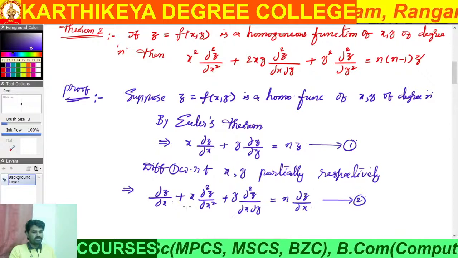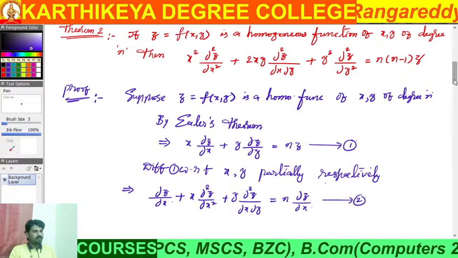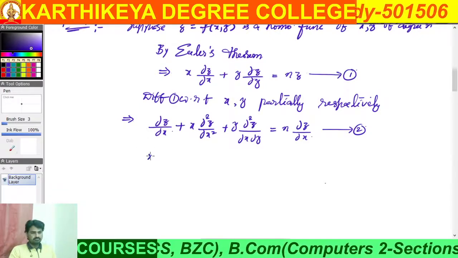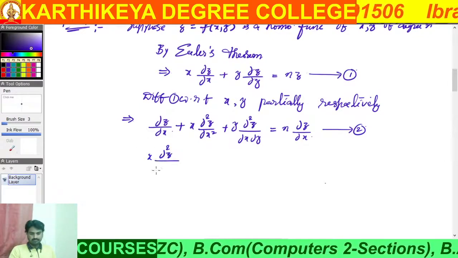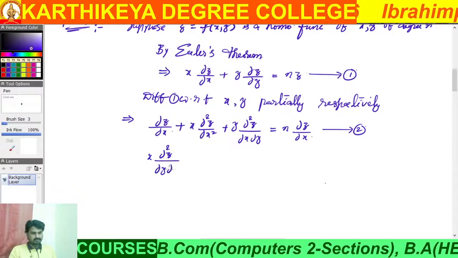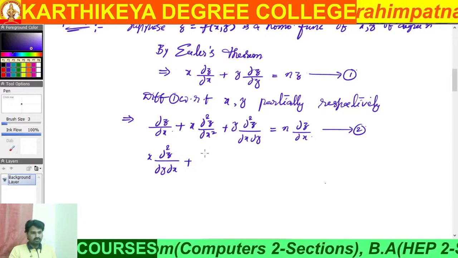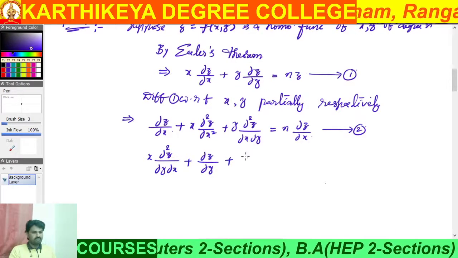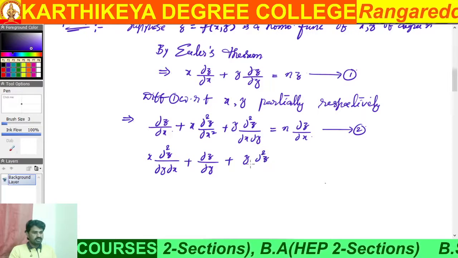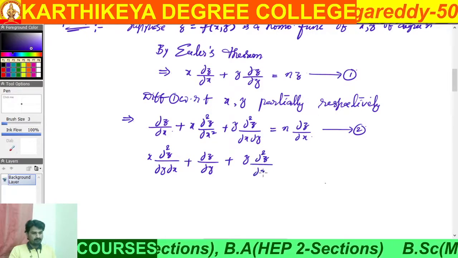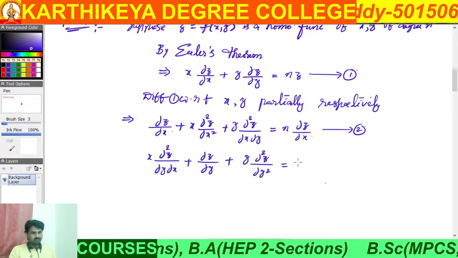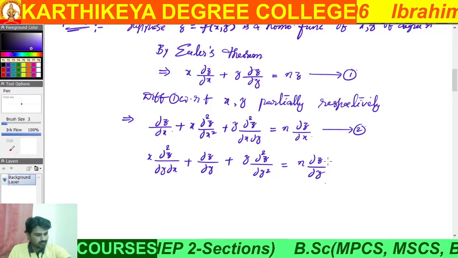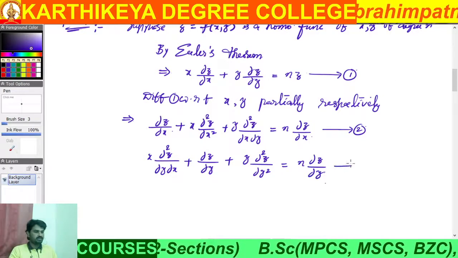If you differentiate with respect to y partially, you can get x into dou square z by dou y dou x plus dou z by dou y plus y into dou square z by dou y square is equal to n into dou z by dou y. Okay, you can get another equation 3.